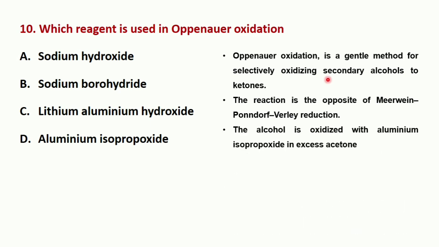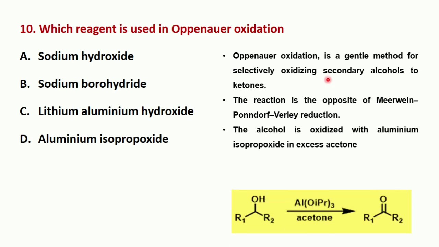So the alcohol is oxidized with aluminum isopropoxide in excess acetone. How is a secondary alcohol converted into a ketone? In the presence of aluminum isopropoxide in excess acetone, this reaction happens.